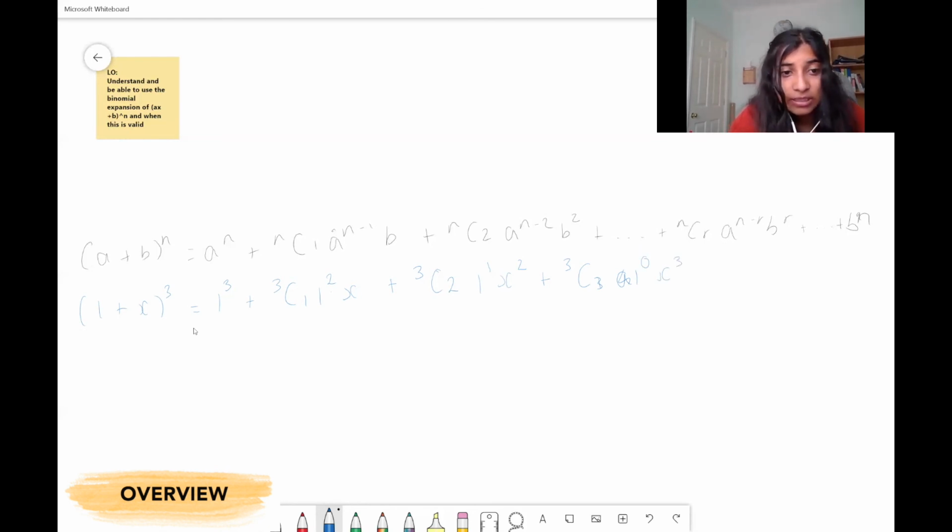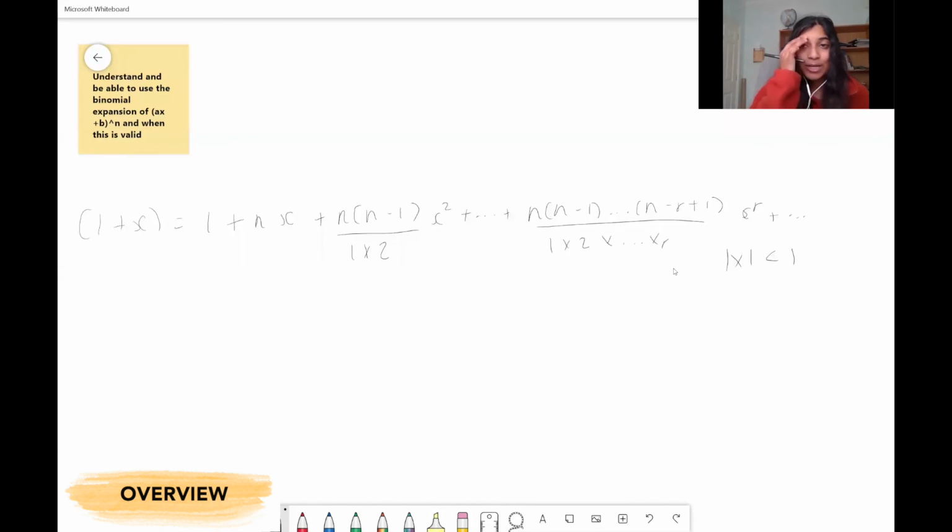And that's just equal to 1 plus 3C1, which is just 3, so 3x, plus 3C2 x to the power of 2, that's just 3x squared, so you can also use your calculator for this, plus 3C3, which is just 1, times x cubed. So that's also your b to the power of n. So let's try an example of binomial expansion.